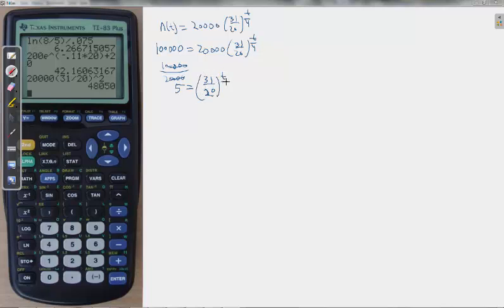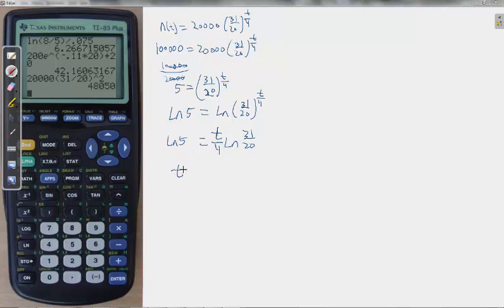5 equals 31 over 20 to the t over 4. Trying to get the variable out of the exponent, so I'll take an ln of both sides. The reason I do that is I can bring it out front. T over 4 times ln of 31 over 20 equals ln of 5. So now I just need to multiply by 4 and divide by that ln.